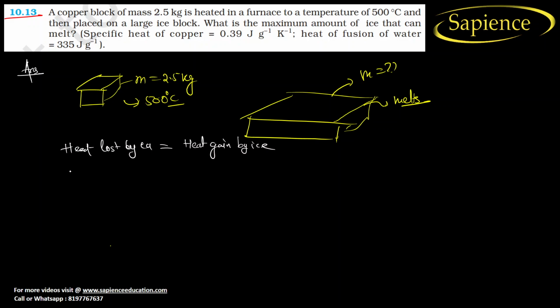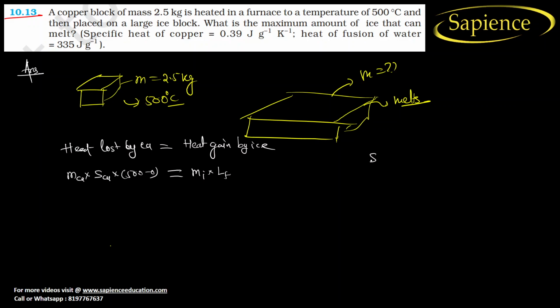Heat lost is Q = m s ΔT, that is the mass of the copper times the specific heat of the copper times ΔT, where ΔT is 500 minus 0 because it will ultimately come down to 0. For the heat gained by the ice, the ice just melts, so it requires the latent heat of fusion: mass of the ice times L_F.